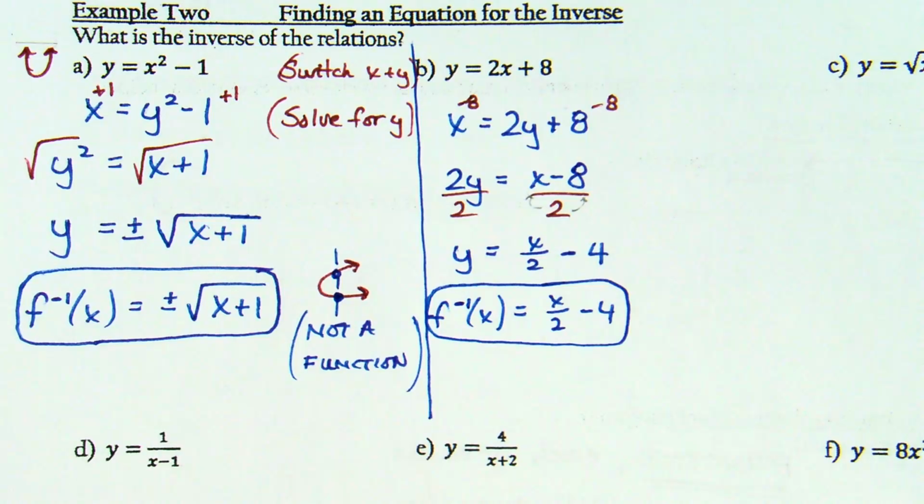Okay. Now, I want to be able to talk about, is this a function? So before we move on, we're going to talk about, is it a function? A helpful way to think about whether it's a function is to first think about what the original item was. What was my original Y equals 2X plus 8?